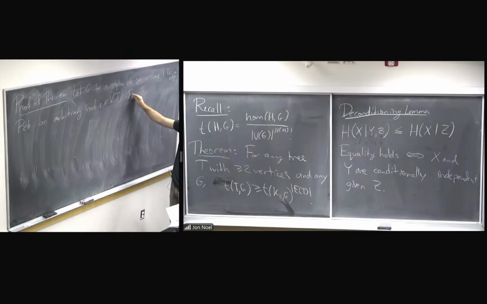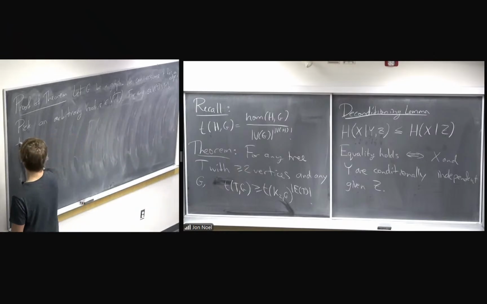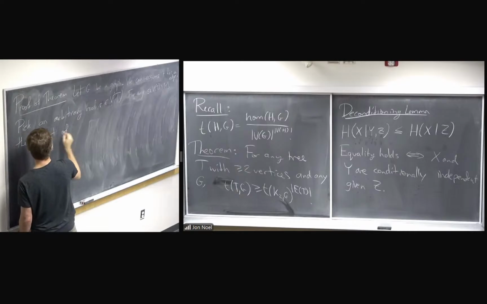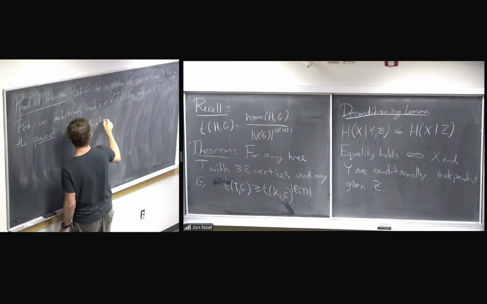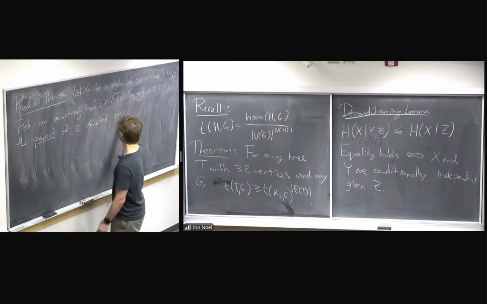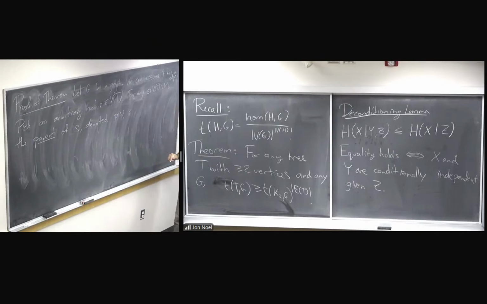And for any non-root vertex, let's say S in the tree minus the root, the parent of S, which we'll denote by P of S, is the unique neighbor of S that's closer to the root than S is.